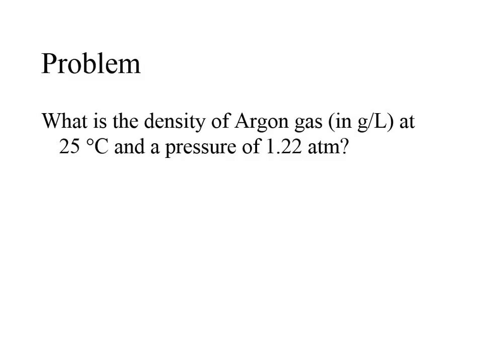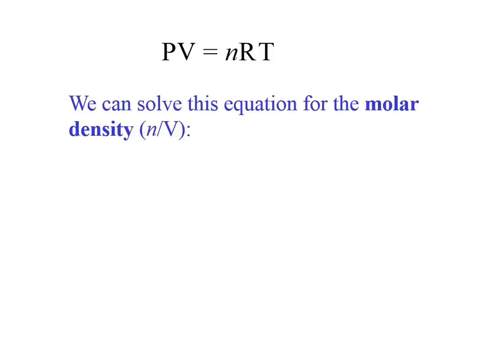Well, this is one of those problems where you see where we have volume and moles. There's something called the molar volume or the molar density, and it is simply N over V. Now I know it's not G over V, but if we can get moles over volume, can you get from moles to grams?